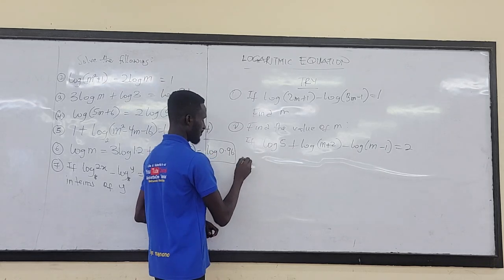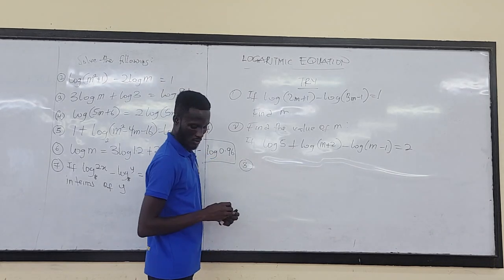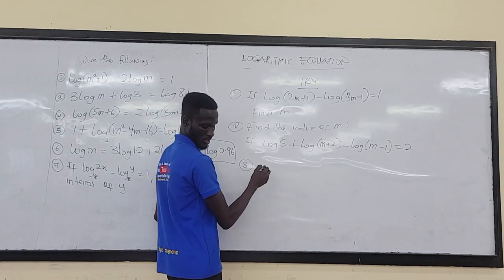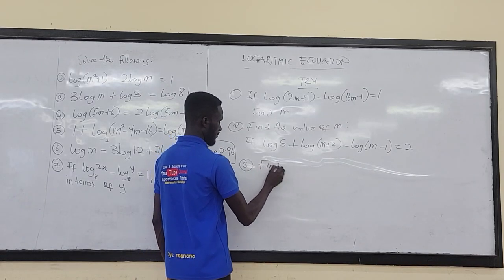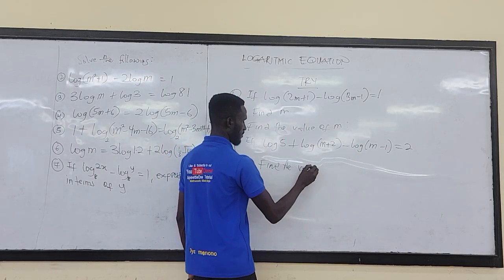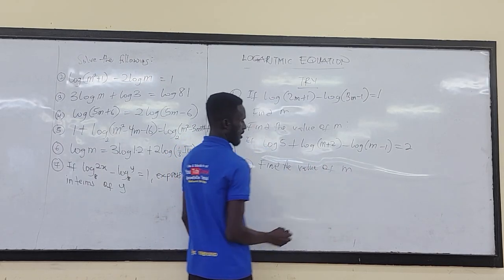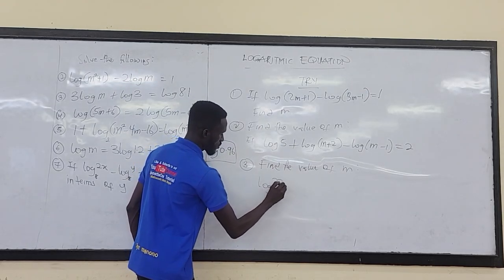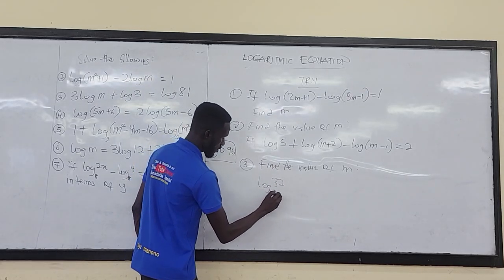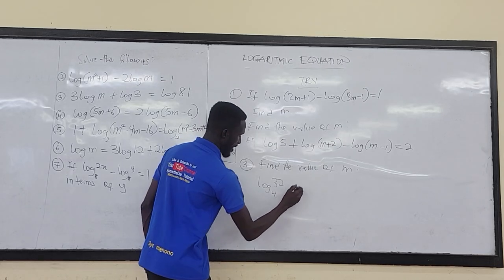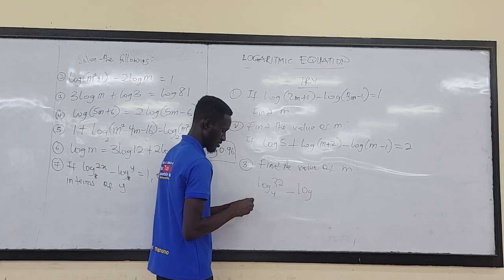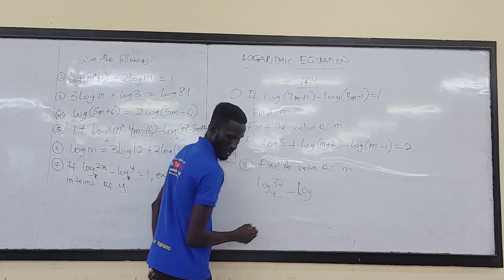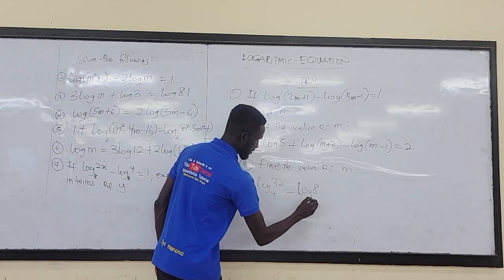Then question 3. Find the value of n. Now we have log 32 base 4 minus log 8 base 4.